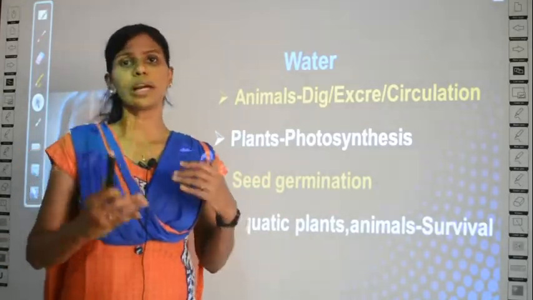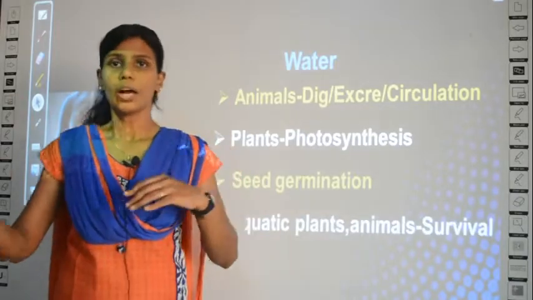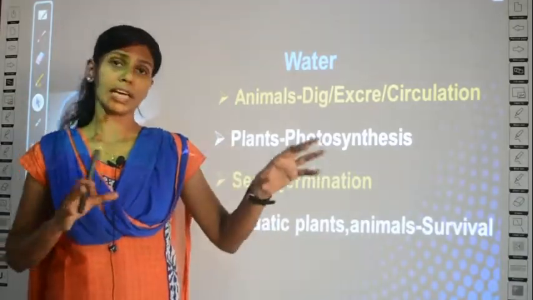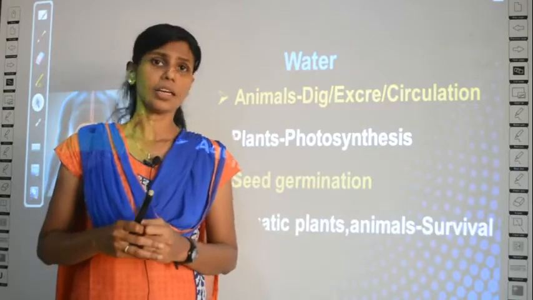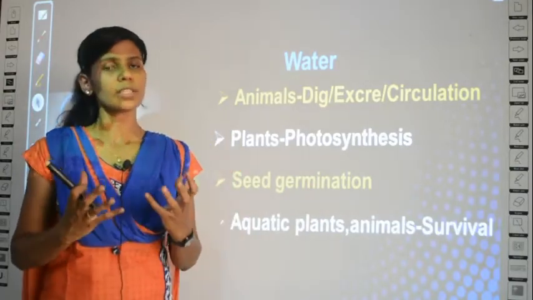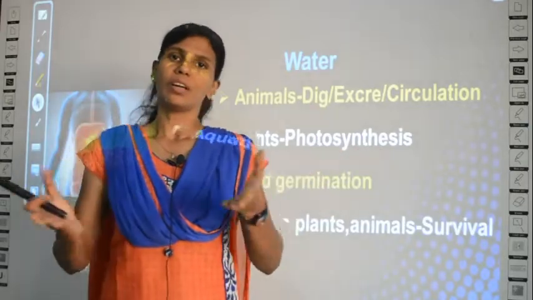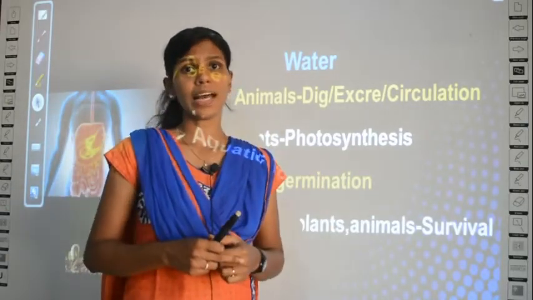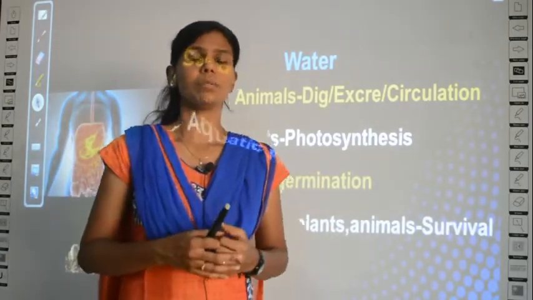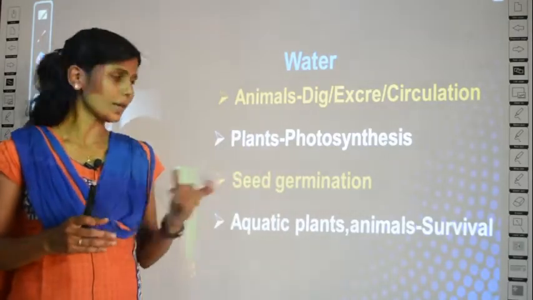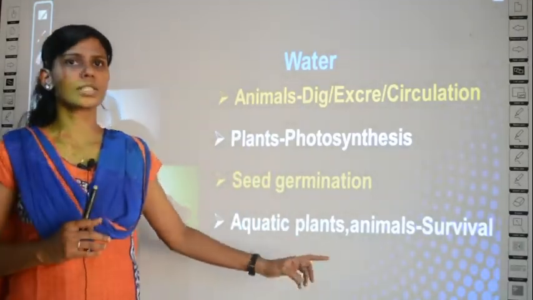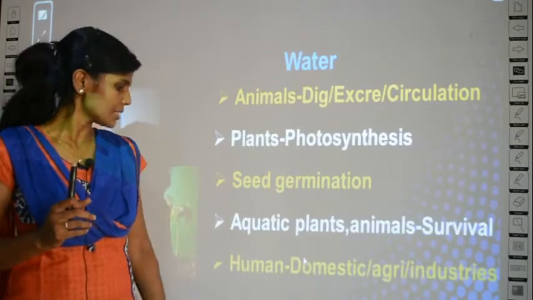You cannot try to cultivate aquatic plants on land. If you plant it on the land, it will not grow, right? Because it is an aquatic plant. Similarly, you cannot make fish live on land, because it is an aquatic animal. So without the presence of water, aquatic plants and animals cannot survive. So again, water is essential.